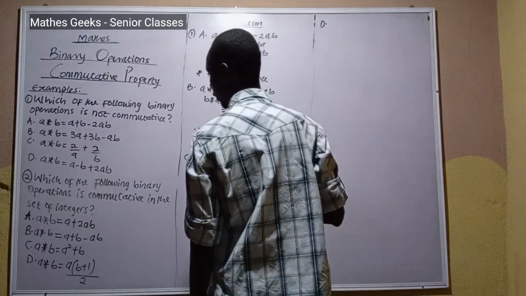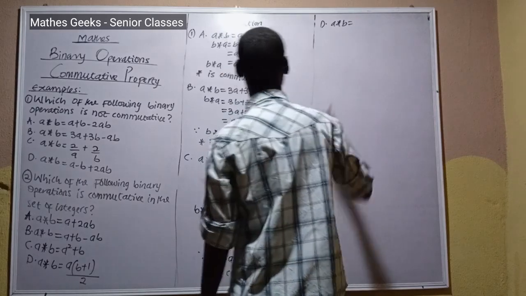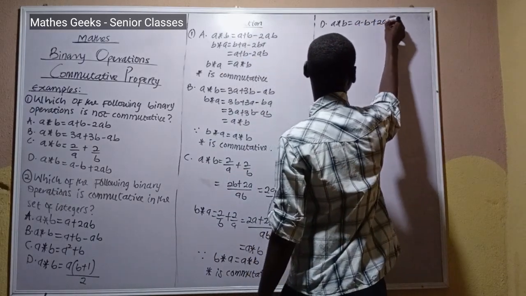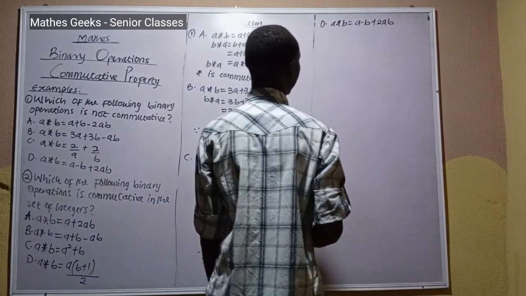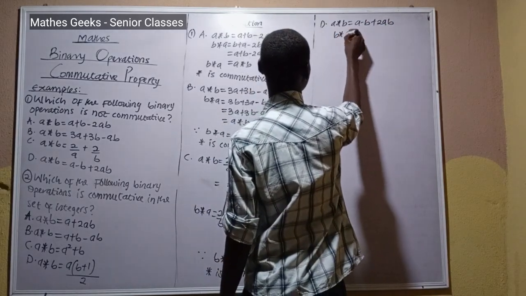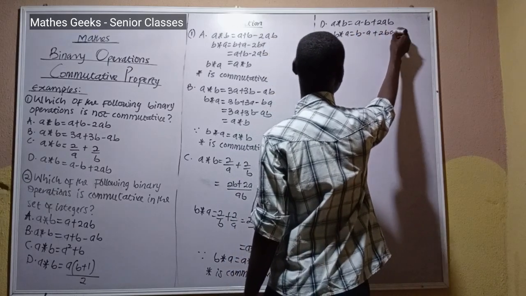Option B, a star b. A star b is equal to a minus b plus 2ab. So b star a is equal to b minus a plus 2ba.